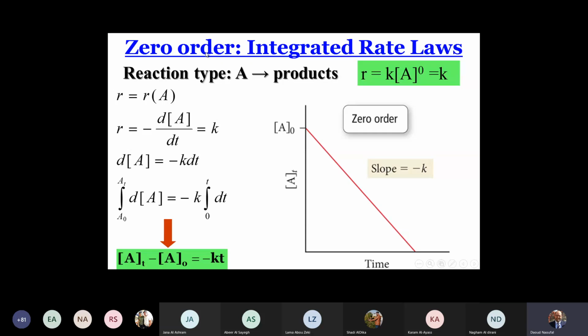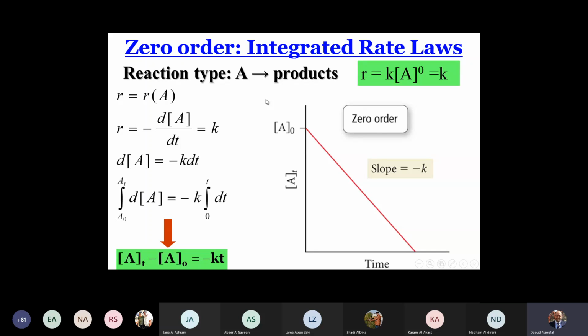As a conclusion, I have the variation of A as a function of t. I want to know the order of this reaction. First, I draw the concentration of A as a function of time t. If I obtain a straight line, my reaction is zero order, or has a global order equal to 0.